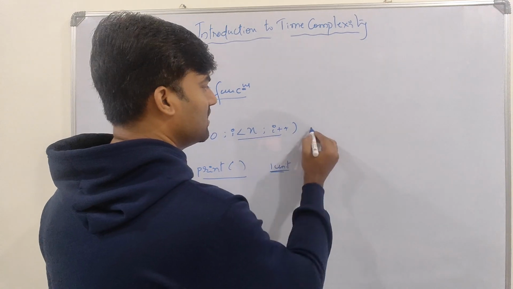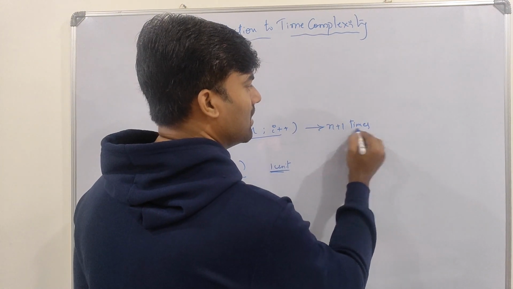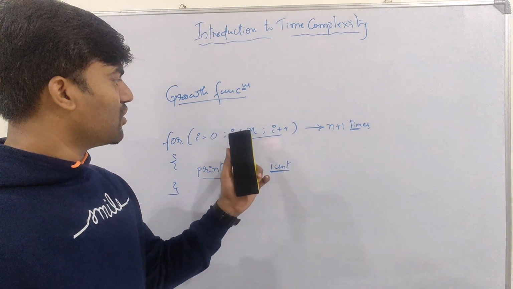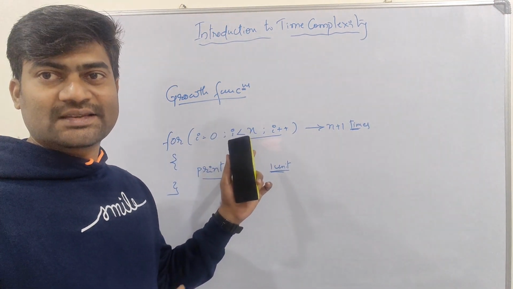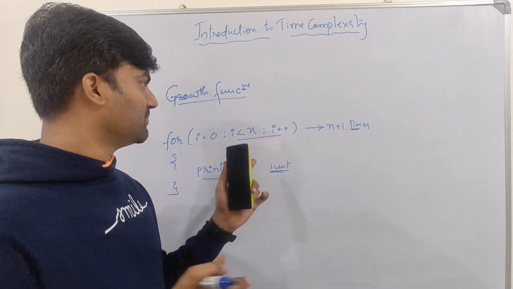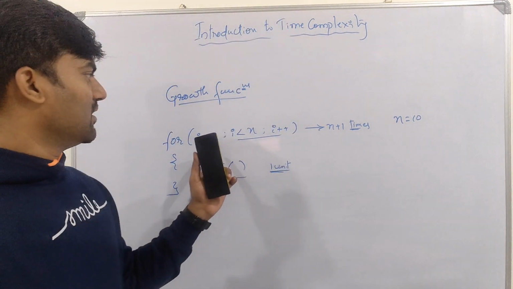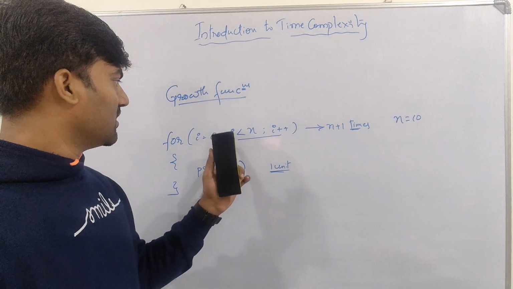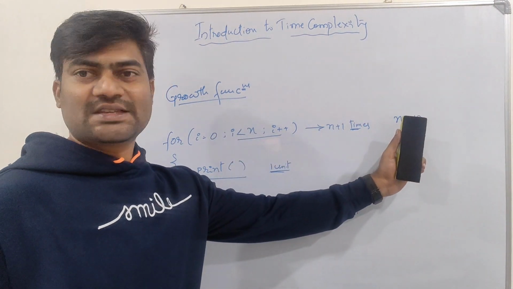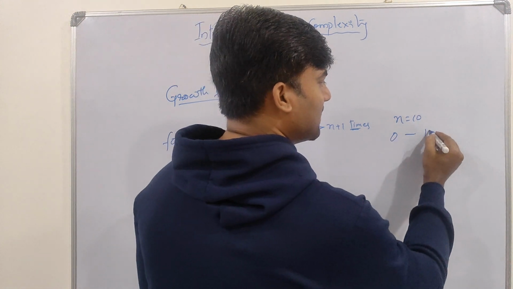But the loop condition will execute n plus 1 times. How n plus 1 times? It starts when i is 0, and it stops when i is not less than n. So say for example n is equal to 10, then the increment of i stops when it becomes 10. So it started at 0 and it ended at 10.